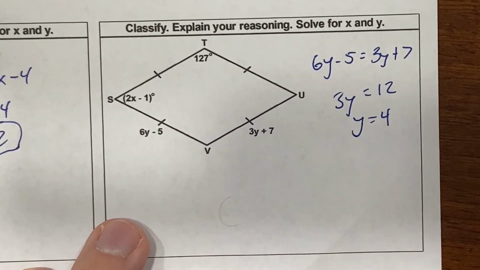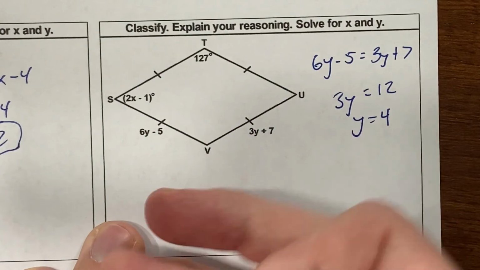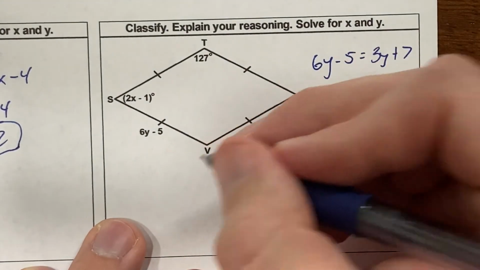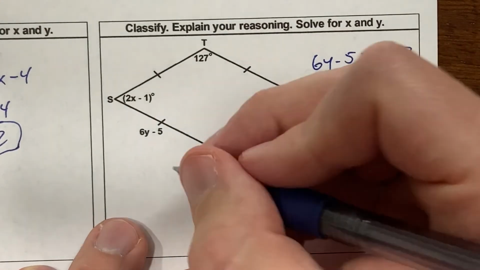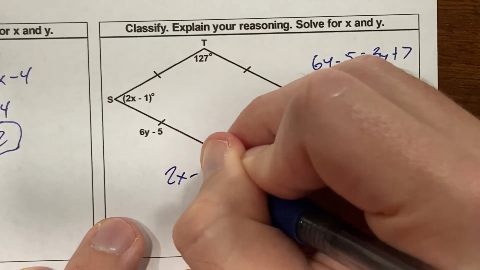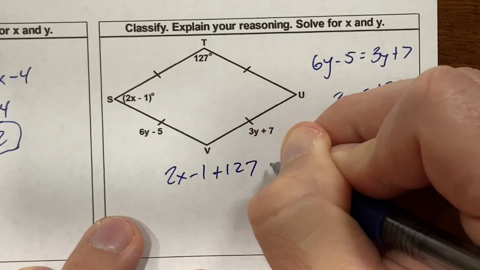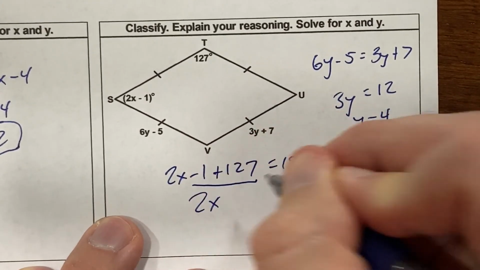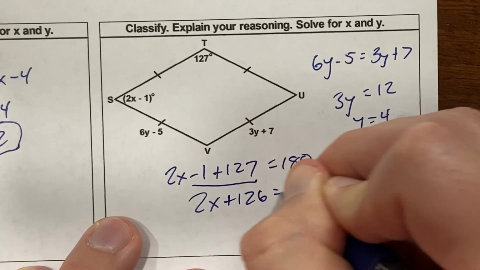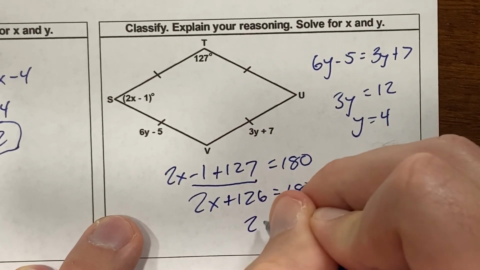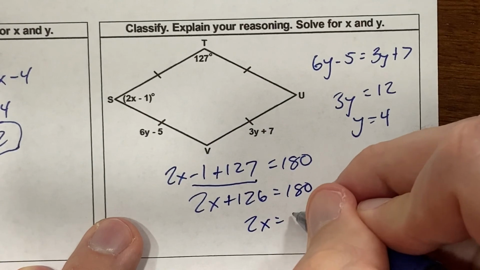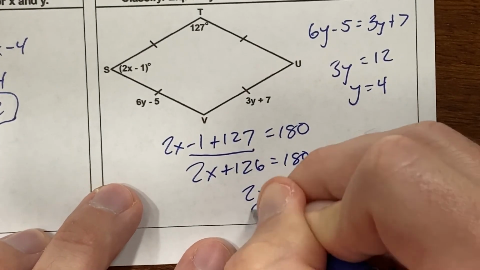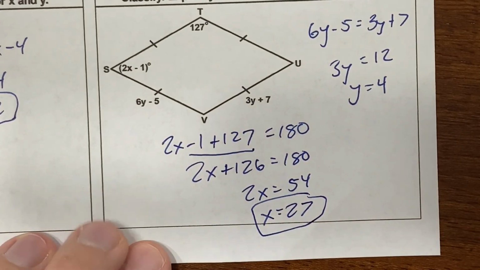Adjacent angles are supplementary. That means they add together to give me 180 degrees. So plus 127 equals 180. That would be 2x, combining like terms over here, plus 126 equals 180. Subtract the 126, that is 54, hopefully, and divide by 2, that is 27. There we go.